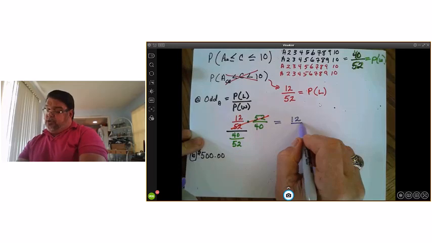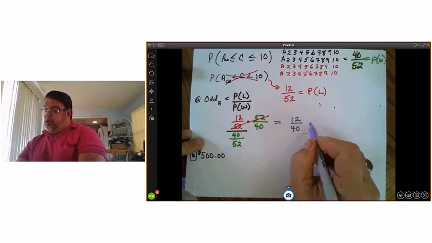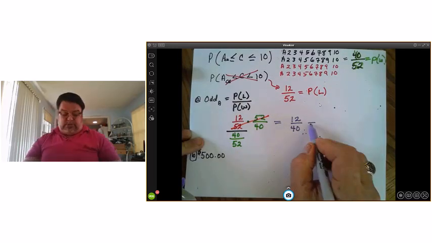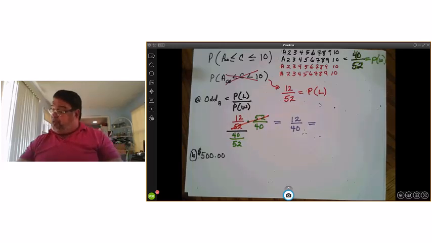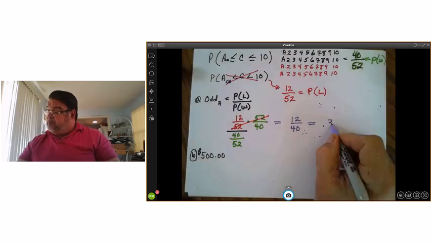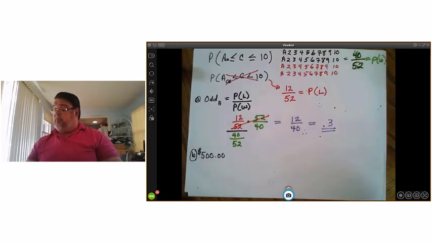Now you can reduce that if you want to, or you can turn it into a decimal. So 12 divided by 40 is equal to 0.3. So that's your odds against. 12 to 40 odds.